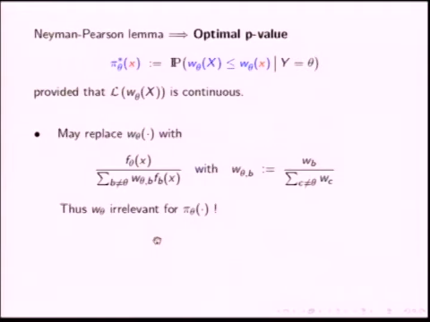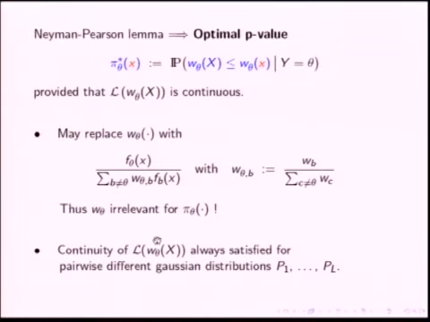In the numerator I only have the density f sub theta, and in the denominator I have a weighted sum of the other densities, and the weights depend only on the prior weights of the other classes. So that means if you want to decide whether class theta is plausible or not, the prior probability W theta itself is irrelevant. Okay, so that's an important difference to the usual Bayes classifier.